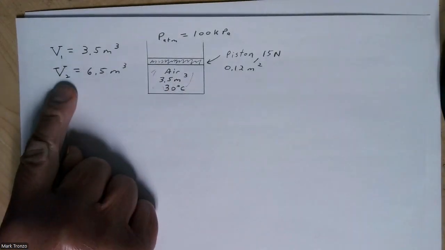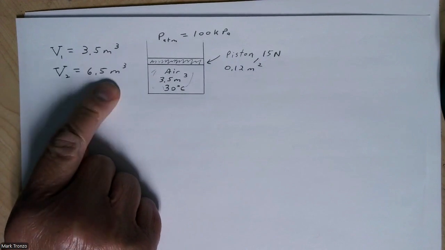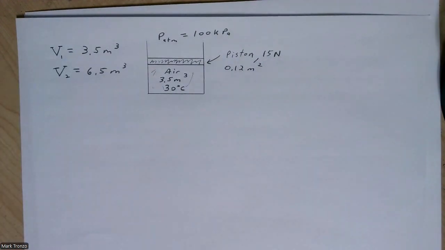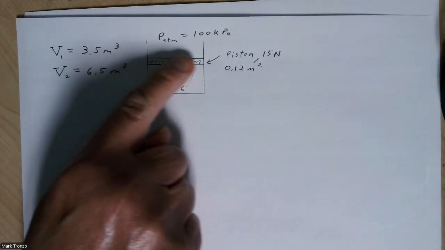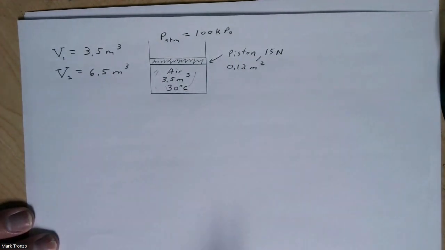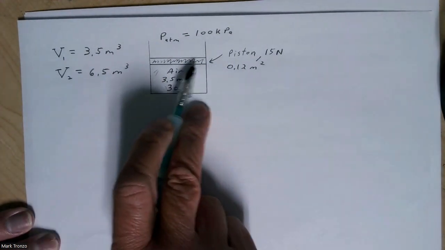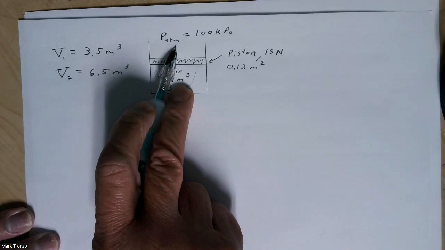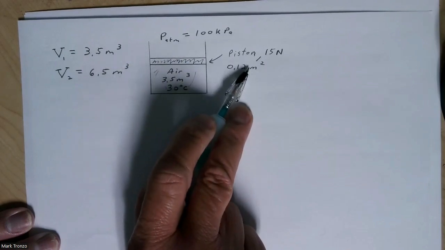Determine the work done by the air on both the piston and the atmosphere. The initial volume is 3.5 meters cubed, then the final volume is 6.5 meters cubed. Now, this piston is just sitting on top of the air, so we can actually calculate the pressure that it's putting on. Now, there's the atmospheric pressure plus the pressure of this.